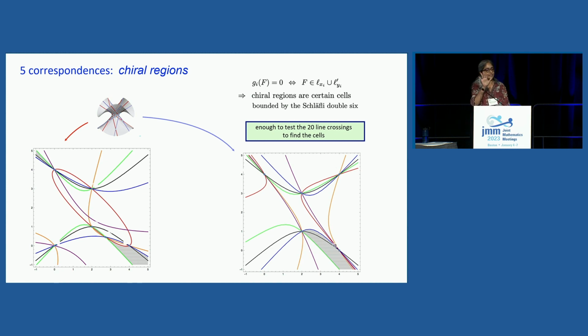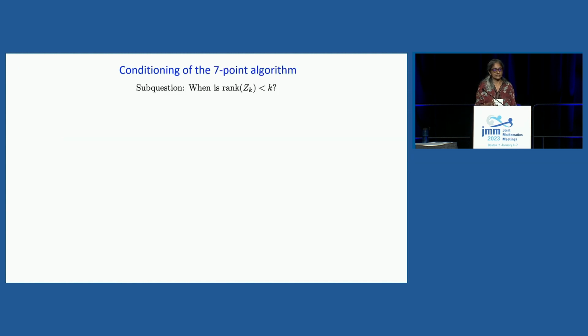So the gray areas that you see in the 2 pictures are exactly the places that allow you to make a chiral reconstruction. So there is this very nice picture if you're willing to work upstairs on this cubic surface where everything becomes really simple. Okay, so this is the case of 5 point correspondences.